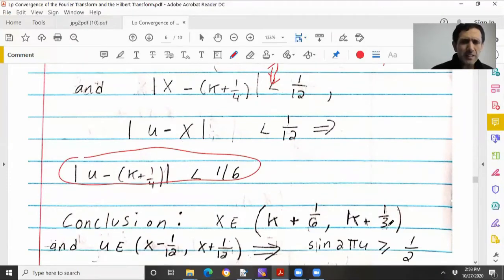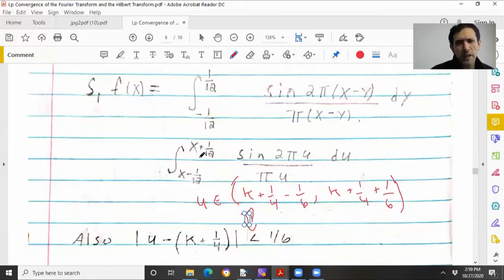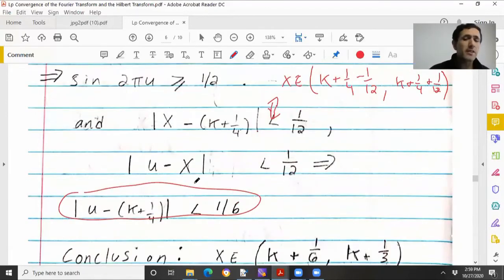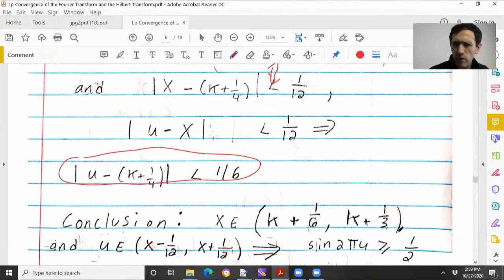If x is in this interval, then this is automatically true because u is in this interval here. So this is why we picked 1/12, so that this gives us a nice lower bound for sine 2 pi u.